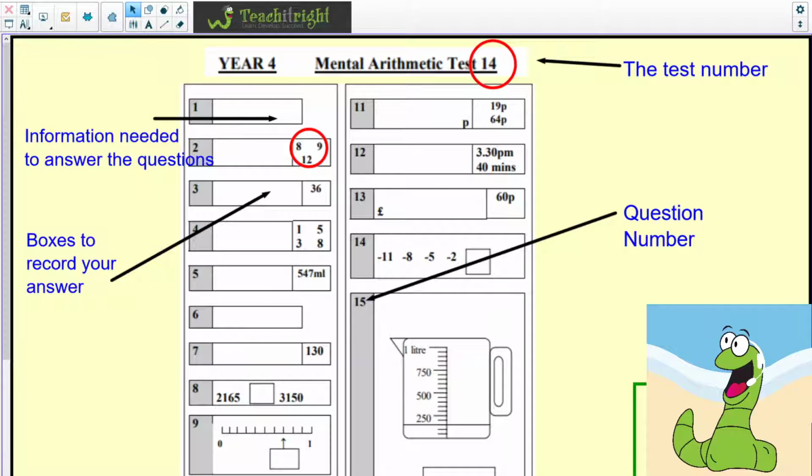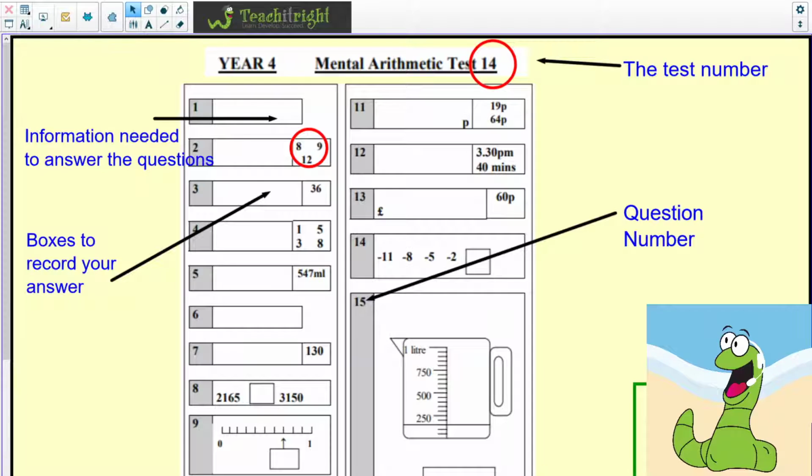Now for the next set of questions, you are going to have 10 seconds to work these out. So you do have a little bit longer. Question 11. David had 64 pence. He bought sweets costing 19 pence. How much did he have left? David had 64 pence. He bought sweets costing 19p.